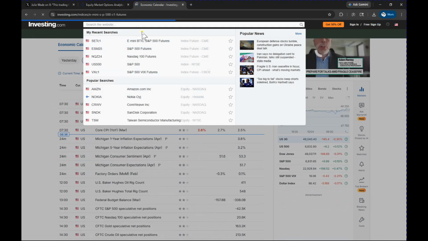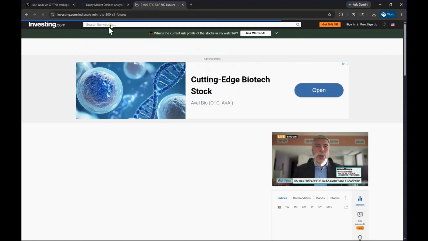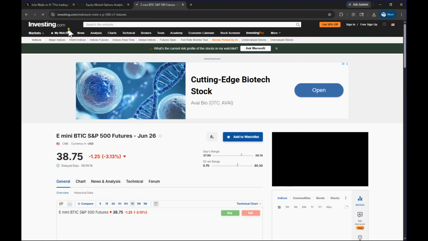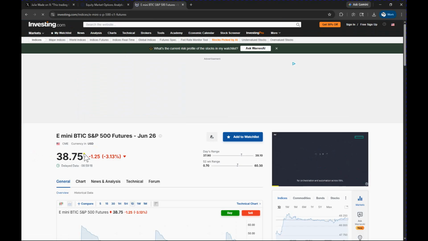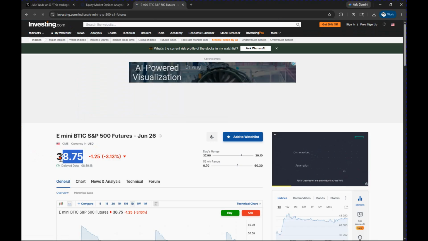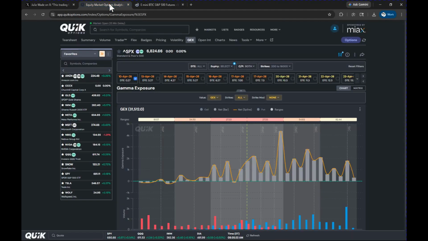And when you click on that, you're going to get the difference between, oops, there it is, 38.75. That's the difference between the E-mini futures and the overnight SPX cash index. 38.75. So you have to come back to the futures and add 38.75 to it.